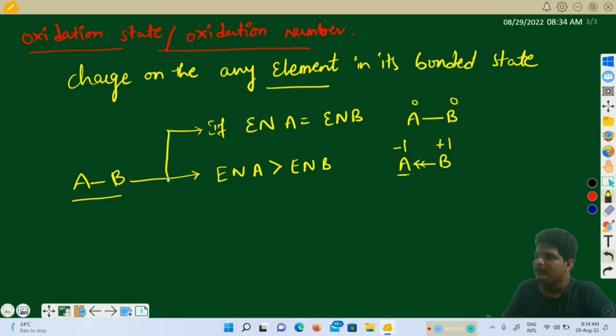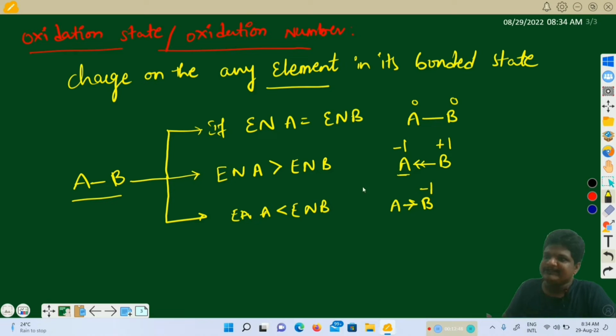Another case is if the electronegativity of A is less than the electronegativity of B. In this case, the bonded electrons will be pulled towards atom B, so B will get the negative charge and A will get the positive charge.